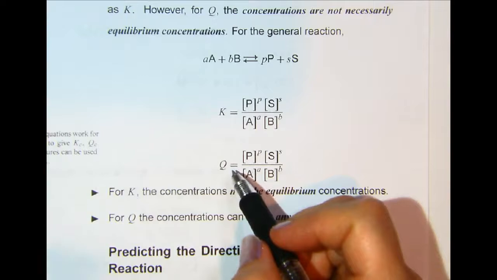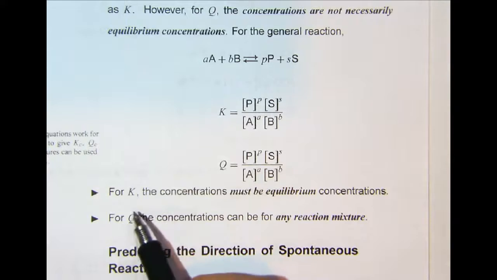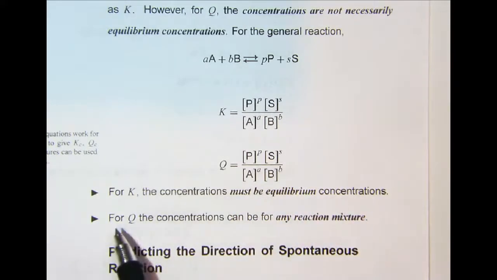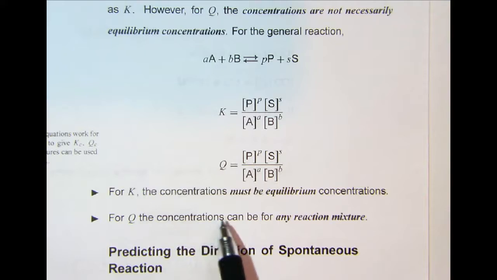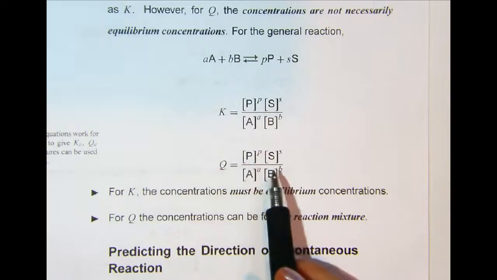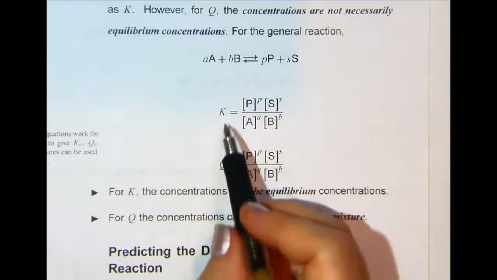Is it going to proceed to products to get to equilibrium, or is it going to go in reverse toward reactants to get to equilibrium? So for K, the concentrations must be equilibrium concentrations. But for Q, the concentrations can be for any reaction mixture. So you can calculate Q, and maybe the system is at equilibrium, or maybe it's not, and then it's going to shift depending on Q compared to K.